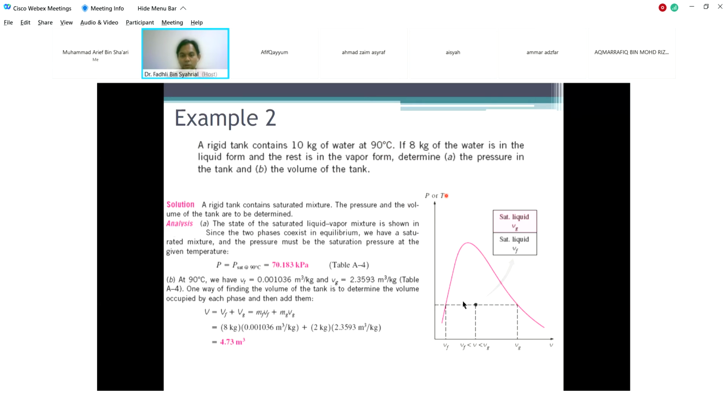Don't look at this T, just ignore it. So we have to draw the P versus v diagram.